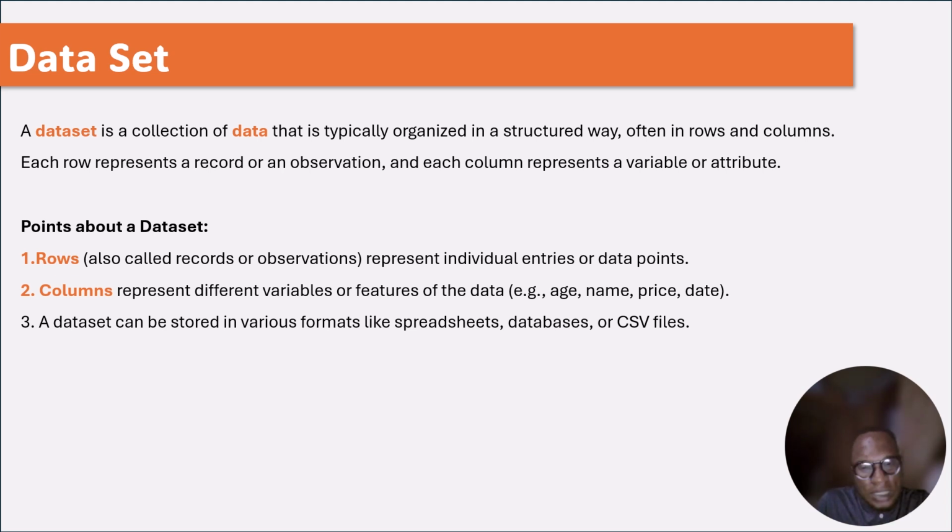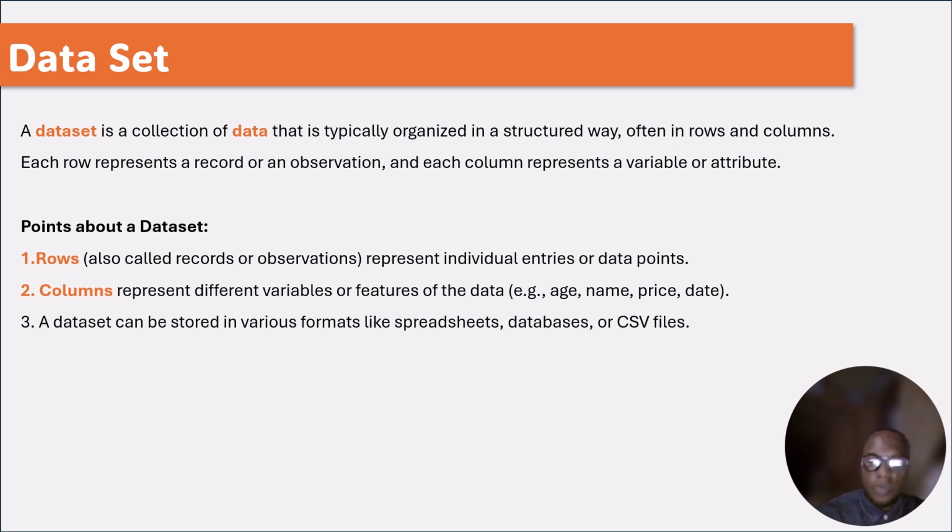Often it is in rows and columns, because I'm going to be using it in spreadsheets or probably in Power Query. Each row represents a record or observation, while each column represents a variable or attribute.